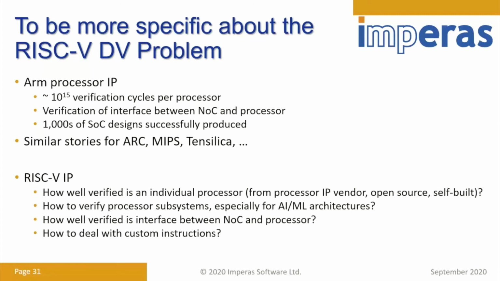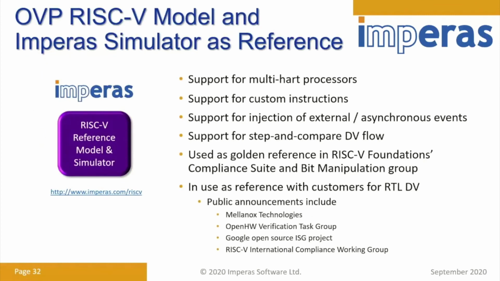Especially when you get to the point where you're also generating your custom instructions, and you also need a model which will give you something that you can write your extensive tests on. When you take the OVP RISC-V models and embed them within a full Imperas simulation environment, this gives you far more capabilities than the versions that are purely used for compliance.